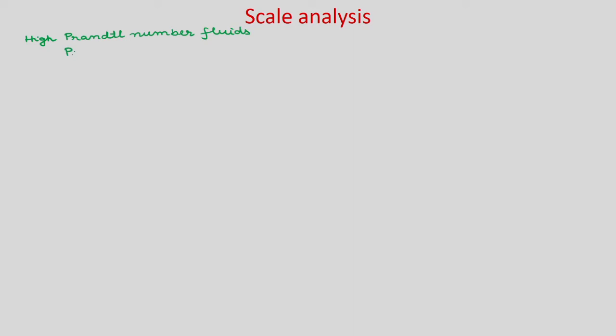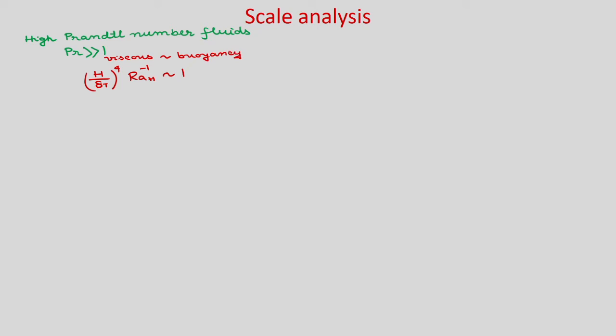Okay. So, Prandtl number is much greater than 1. So, you can see your h by delta t to the power 4, Rayleigh number to the power minus 1 will be comparable with 1. So, that means viscous term will be comparable with buoyancy term, because Prandtl number is very high.